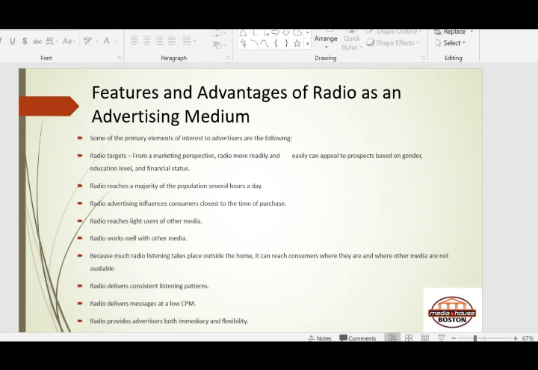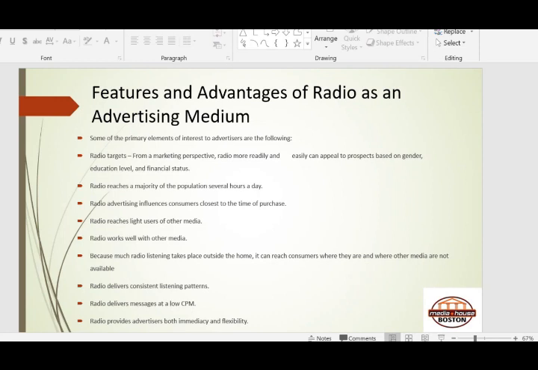Because much radio listening takes place outside the home, it can reach consumers where other media are not available. Radio delivers consistent listening patterns. As I said, that whole repetition and the way we structure our advertising, the spots, and the way we structure live reads and billboards, etc.